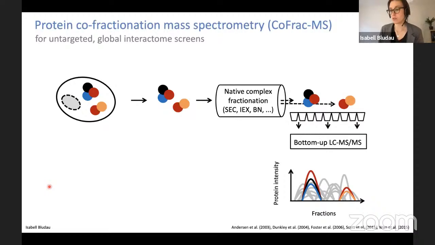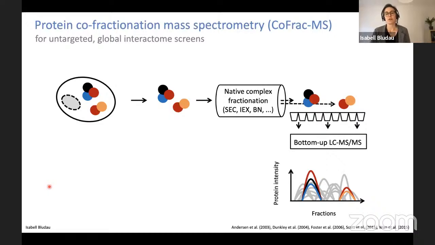And the most commonly used approach, and the one that I've also worked with mostly during my PhD, is a strategy called protein co-fractionation mass spectrometry, or co-frac-MS. And here you can take the full native cell and lyse it to keep, again, protein complexes intact.